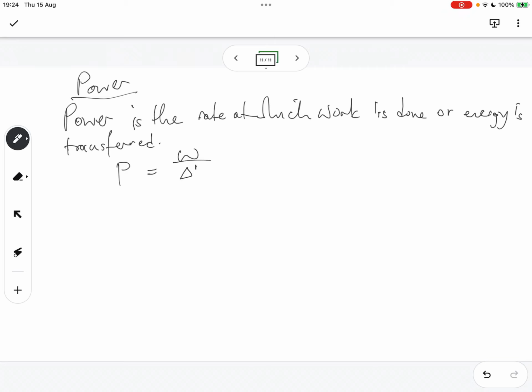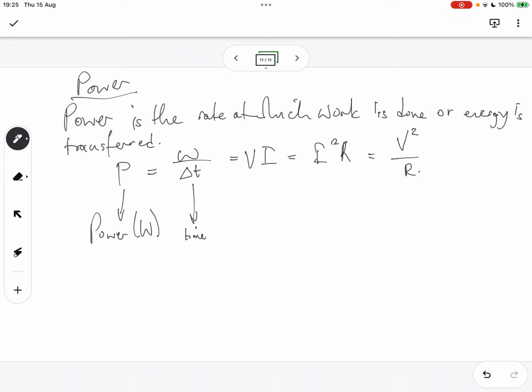And this is P equals W over change in time, which is voltage times current, which is I squared R, which is V squared over R. And this is power measured in watts. This is time in seconds. And we did this quite extensively in grade 11, so now we're just revising.